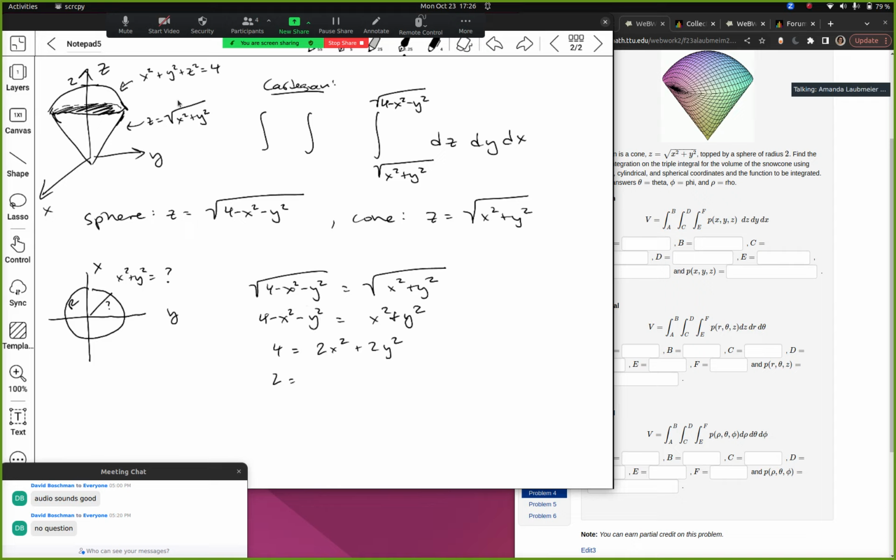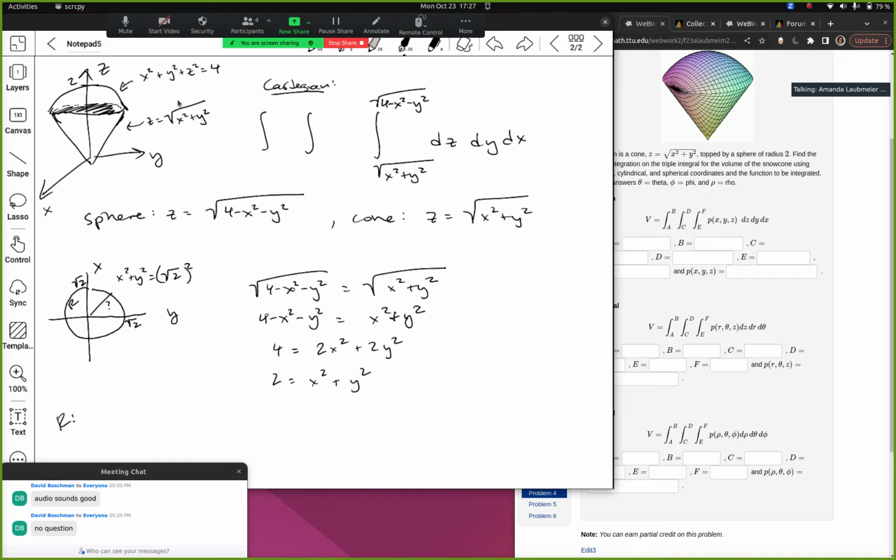Or 2 is equal to x squared plus y squared. So it happens that this actually goes out to distance square root 2. I wrote it this square root 2 way because that's the radius, that's the way you're used to usually seeing the formula.